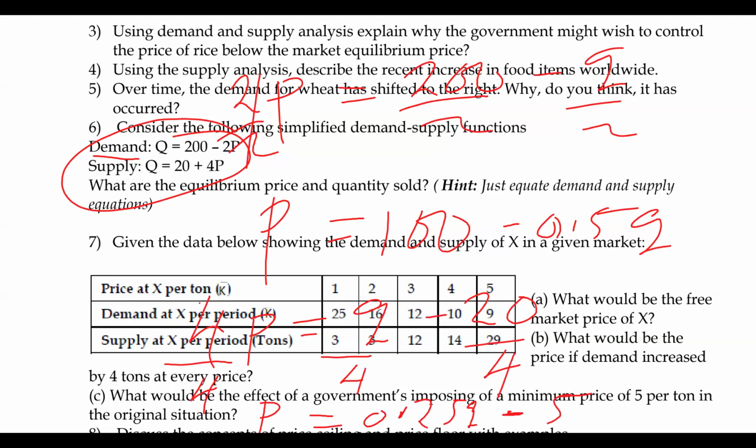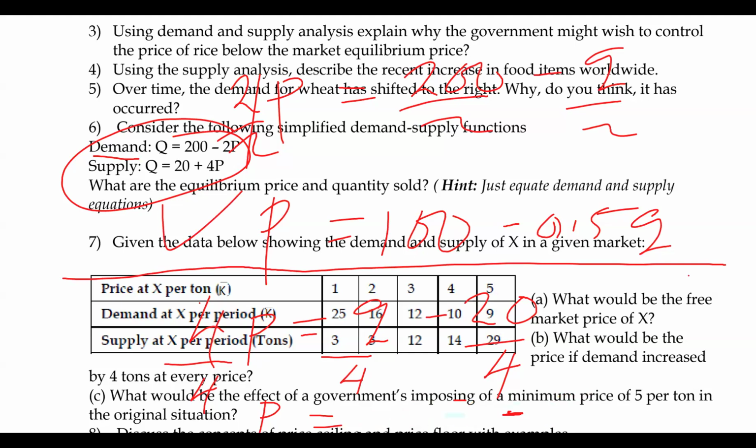Yeah, it will surely agree. Let's continue. This is for the demand. For the supply, it will be 0.25q minus 5, like that, right? If you want, you can say negative 5 plus 0.25q. It's still the same. It will agree.